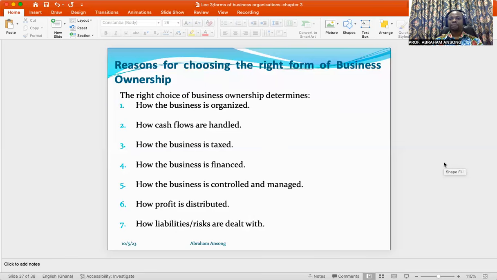Okay. When it comes to companies, that is not the case. The board of directors and management must decide how much profit they want to retain and reinvest in the business and how much they pay to shareholders by way of dividends. Okay. So how profits are distributed are actually different in these various types of businesses, and that should guide you in terms of selecting the form of business that you want to operate in.